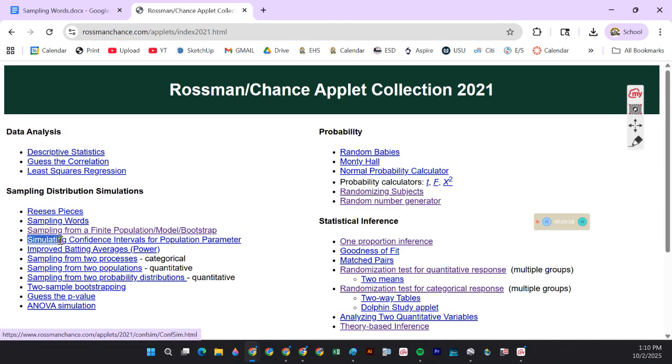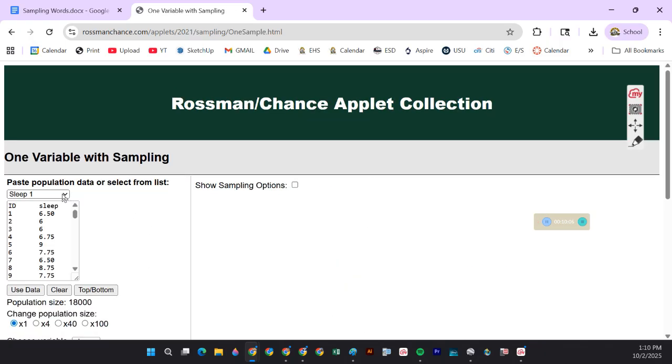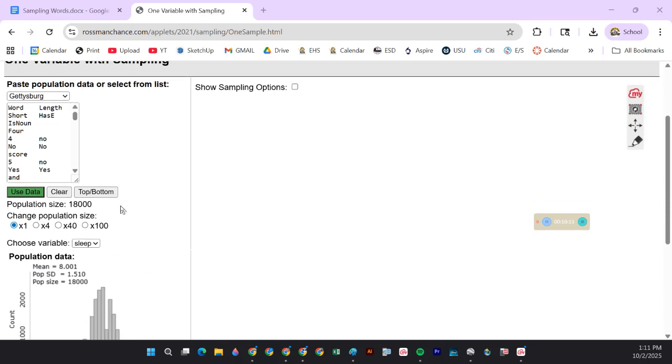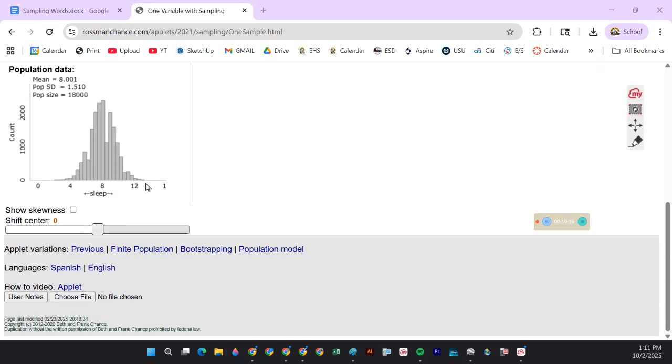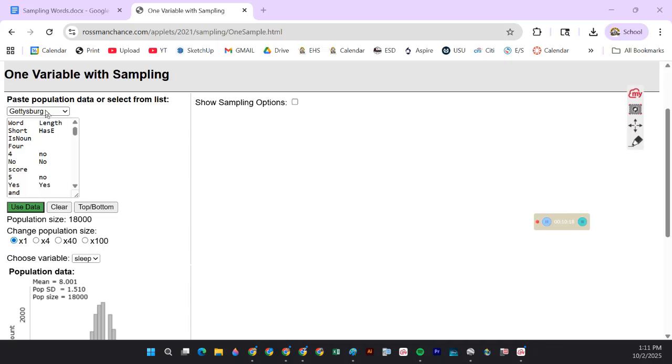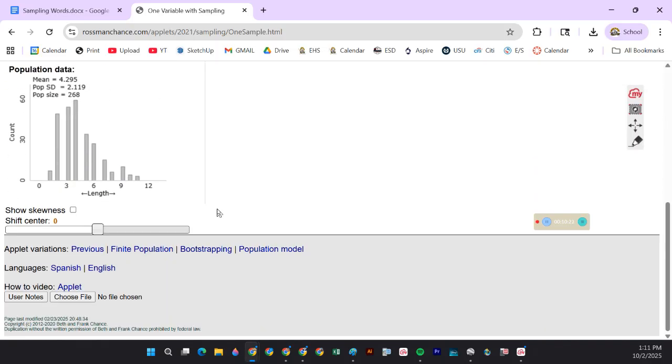Okay, so we're going to go to sampling from a finite population. So this one right here. Click on that, and then it's actually called Gettysburg. Maybe I should change that in the worksheet. I'll do that later. Okay, so once you have selected Gettysburg, you have to click Use Data, and then here is the distribution.